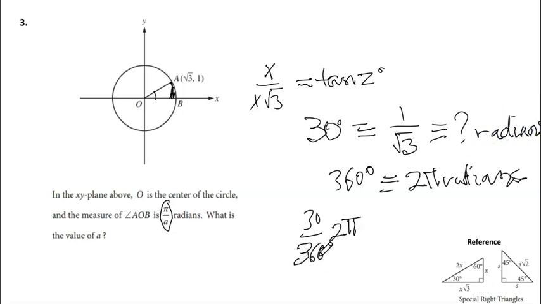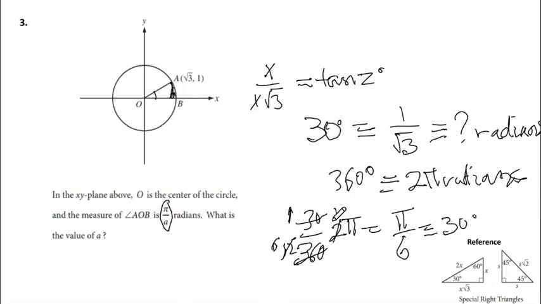This gives us 1 over 12, and then 2 divides; so 1 here, 12 here, and then 2, 2. So this becomes pi over 6 radians. So this is for our 30 degrees.